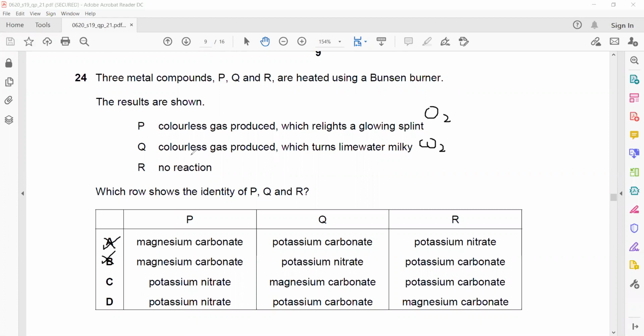And when you supply heat energy to a metal carbonate, it will give carbon dioxide. And potassium carbonate and sodium carbonate are stable to heat. That is why C is the right statement. Because if it was magnesium carbonate, that should also decompose on heating. So this is related to the table of thermal decomposition.